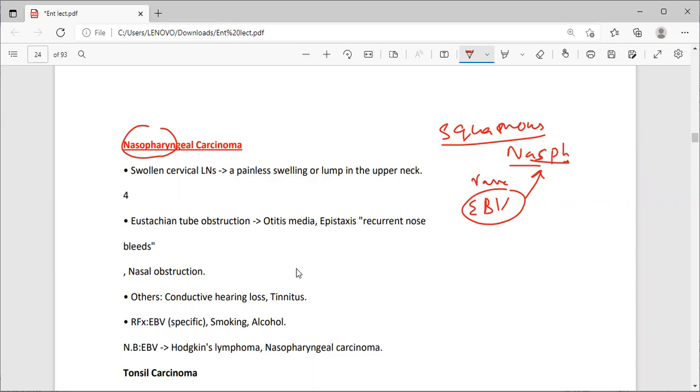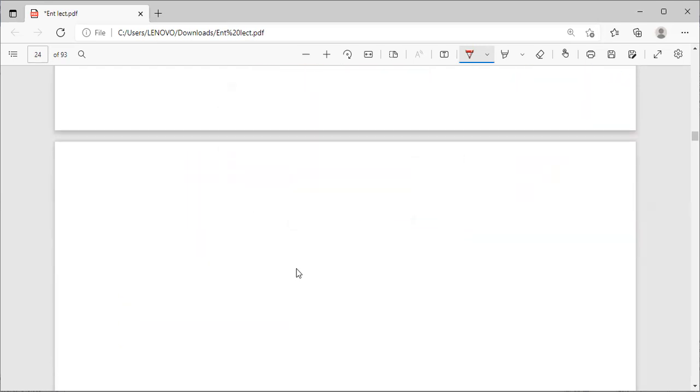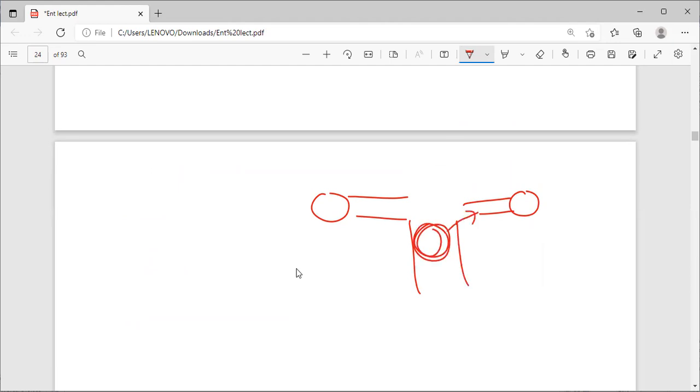And what will the patient present with? This is the head, and these are the cervical bones. There will be cervical lymphadenopathy, and there will be otalgia, because, look, this is one ear and this is the other ear. Here is the nasopharynx, and here the tumor is growing. It can lead to blockage of the eustachian tube.